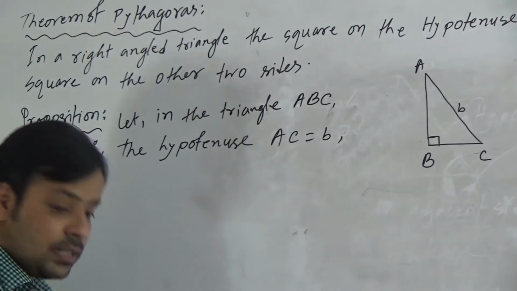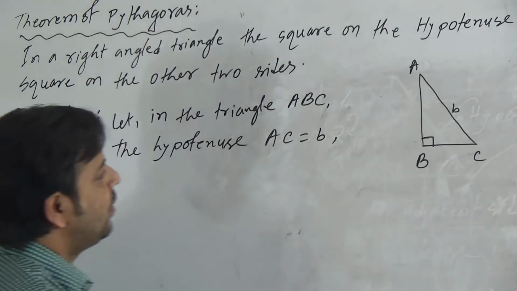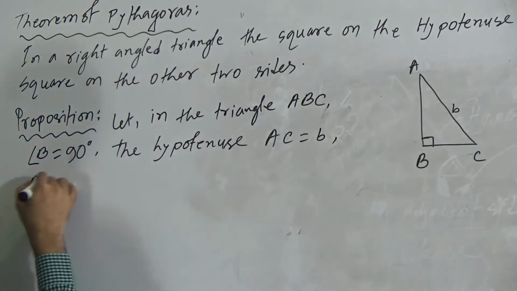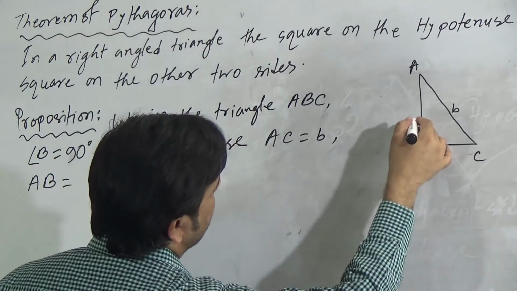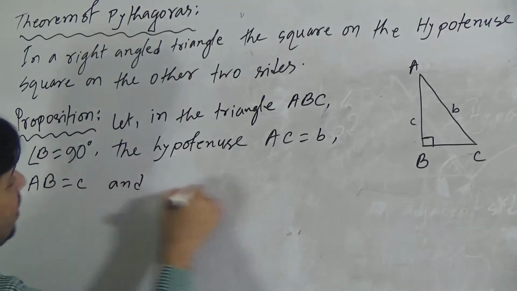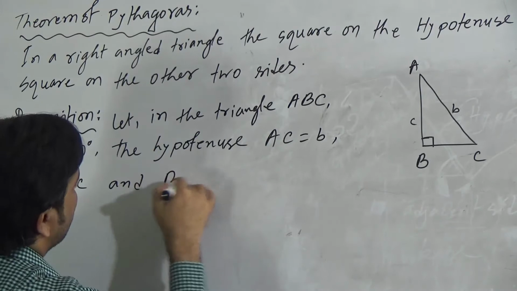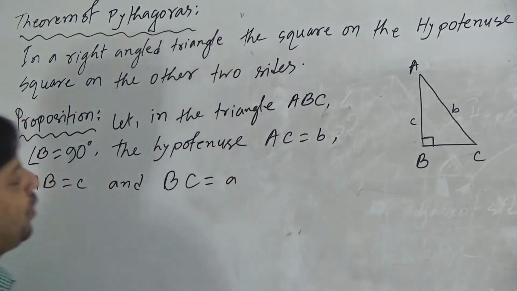Other two sides are AB and BC. Suppose AB is equal to c and BC is equal to a.